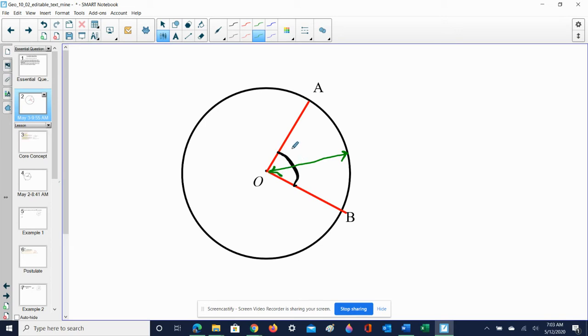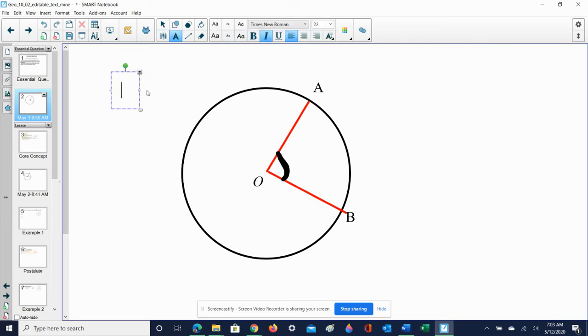So if I told you that this angle here, theta, is, I don't know, 110 degrees.